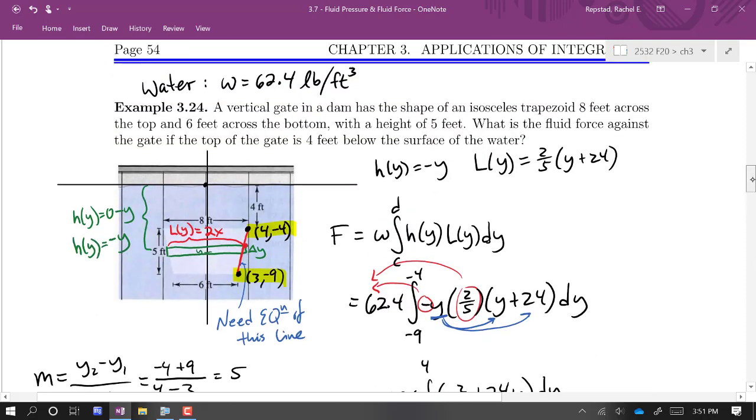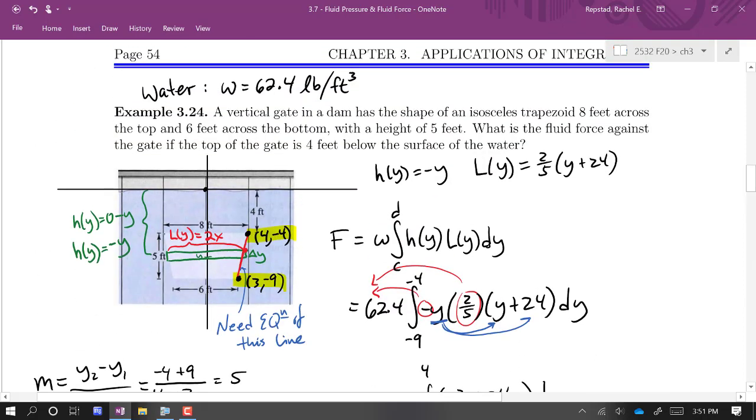Our linear units were in feet, which is why we had a specific weight of 62.4 pounds per cubic foot, right? I had to make sure that the units in the specific weight matched up with the linear units. Your units for the force are going to match up with whatever the force units were in the specific weight. So for us, that's pounds.